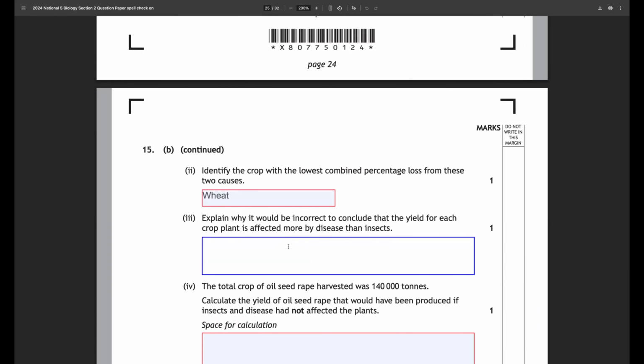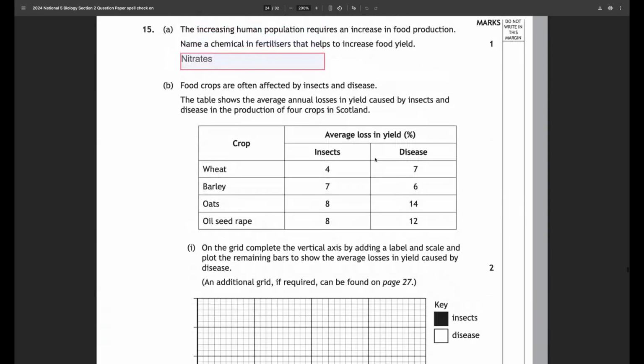There we go. Okay, explain why it would be incorrect to conclude that the yield for each crop plant is affected more by disease than insects. Well, let's see why that would be incorrect. So is it affected more by disease than insects for wheat? Yes, it is. Is it affected more by disease than insects for the barley? No, it's not.